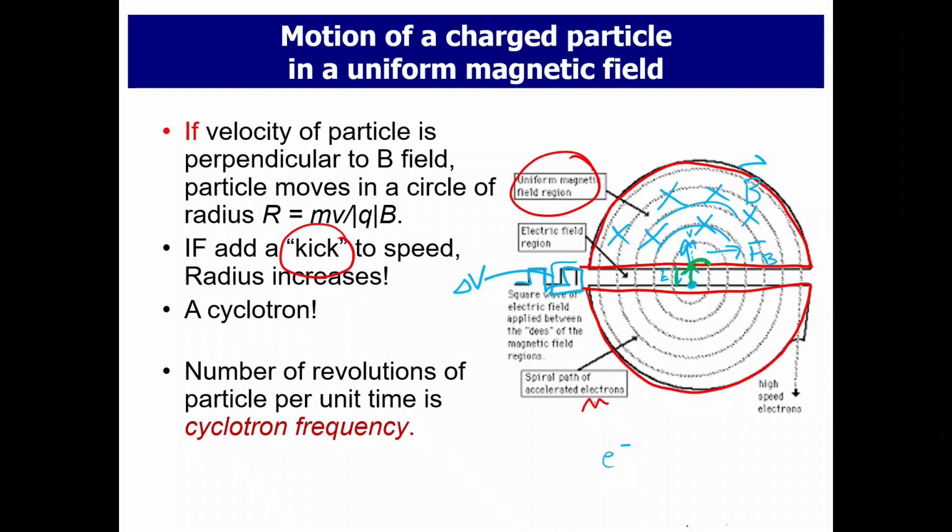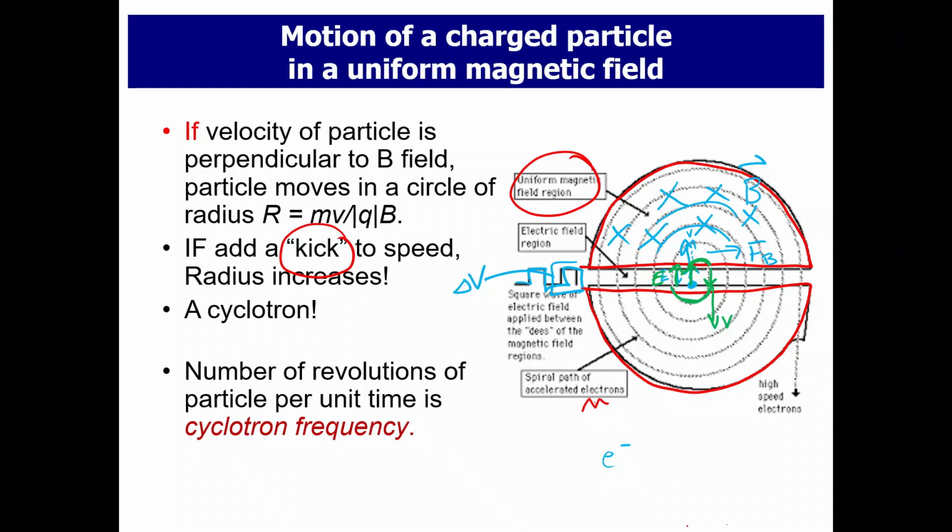So if I switch the direction of my electric field, my electron is now going to experience a force towards the bottom, and it's going to speed up. So now it's going to be moving even faster. It's going to have a faster velocity. So now it's going to create an even bigger radius circle. So you can see this next half circle here is even larger than the original one.